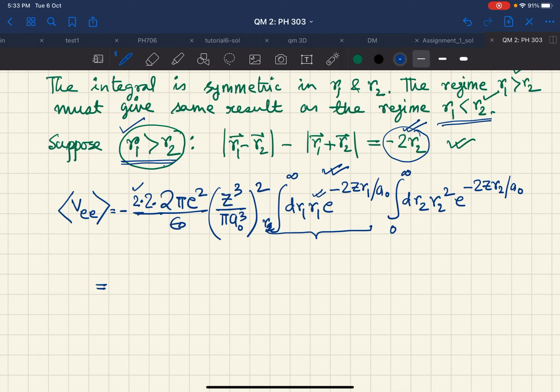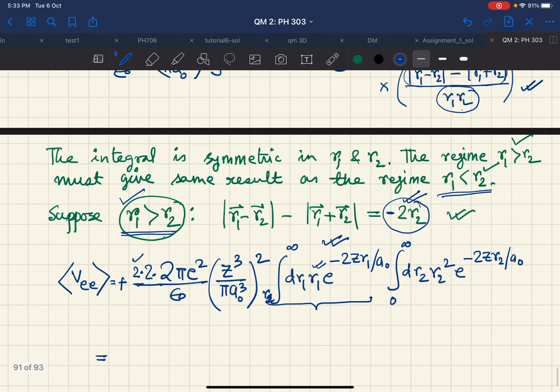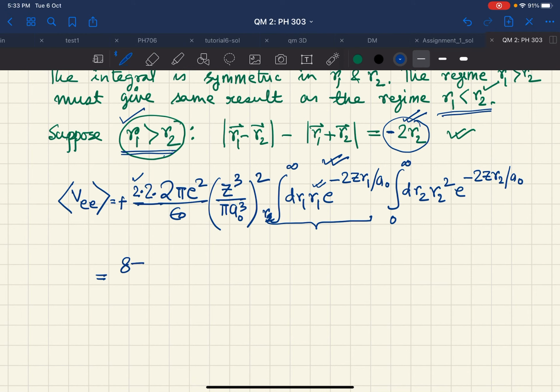So this is equal to, in fact I made a mistake here. There was a minus 2R2 here. So that minus 2R2, and earlier there was a minus sign in front. We will make this plus. So I have 8 pi e square by epsilon naught, (Z cube by pi a0 cube) whole square.